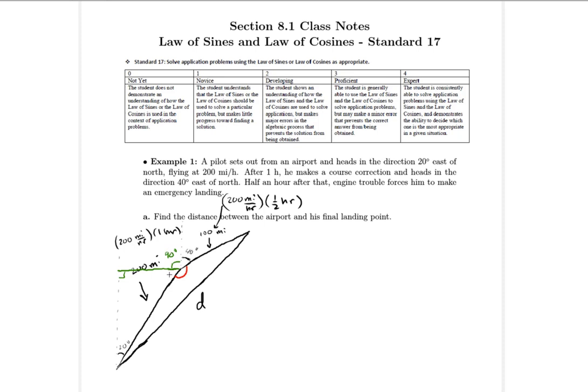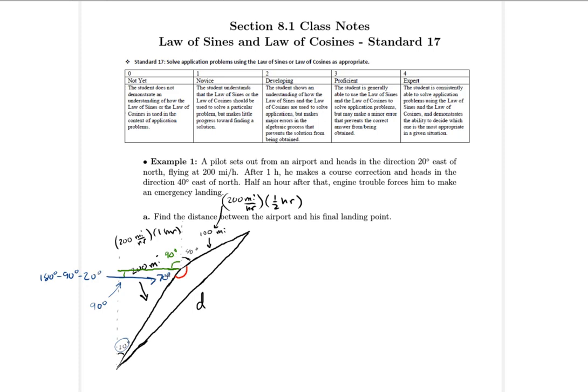If I can just figure out this part here, then I'll be able to figure out my red angle. Okay, so let's see, do I know it? Well, yes, I do, because this is 90 here, this is 20, and they all have to add up to 180. So I actually know that this is 70 degrees, because it's got to be 180 degrees minus 90 degrees minus 20 degrees.